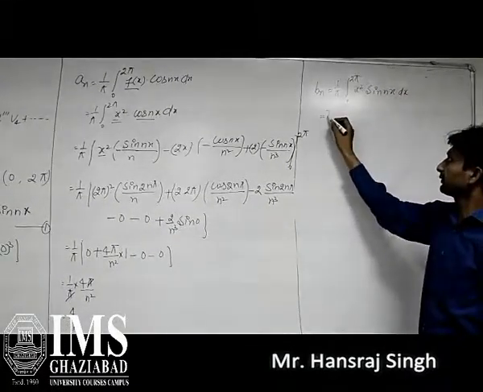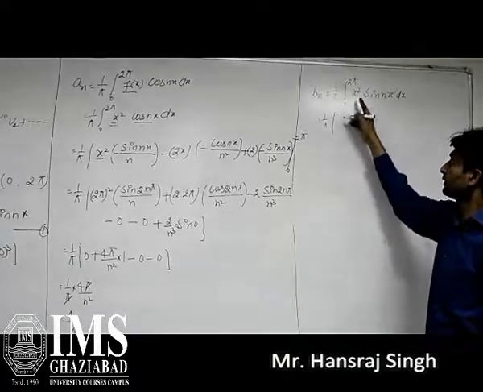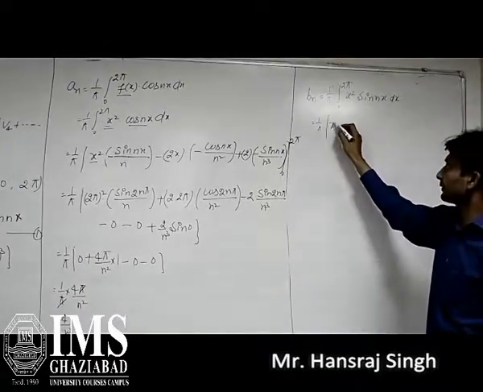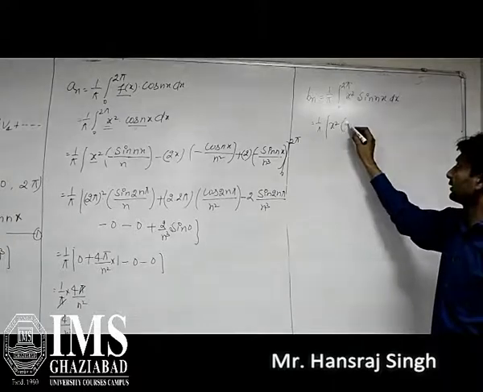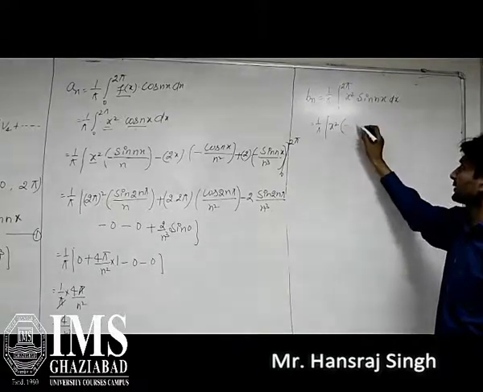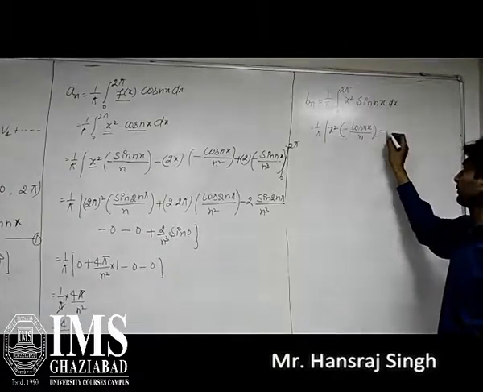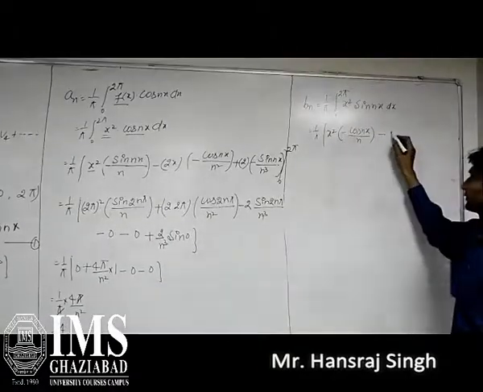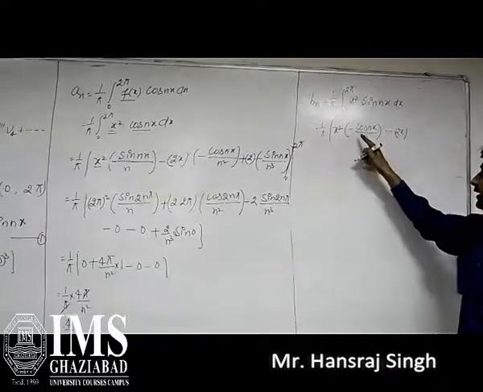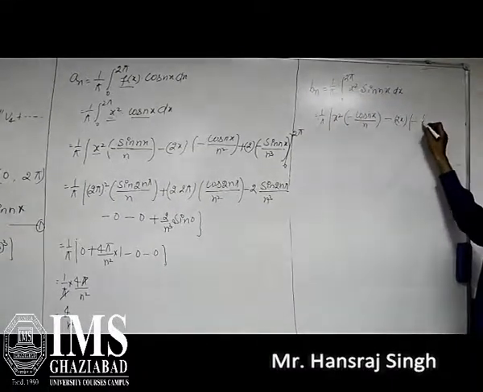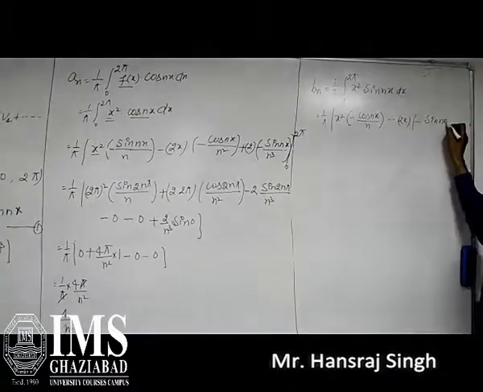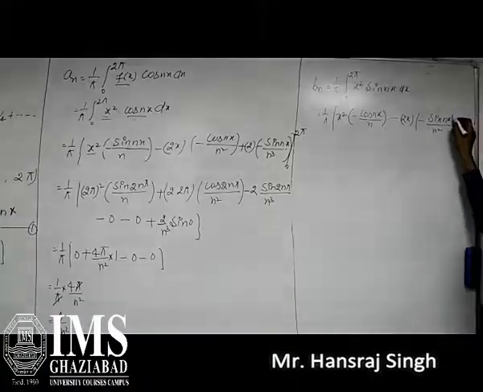Again, students, we integrate this term. The first function is as it is, that is x square, times the integration of the second. The integration of sine is minus cos nx upon n, minus the differentiation of the first, which is 2x, times the integration of the second, minus sine nx upon n square.